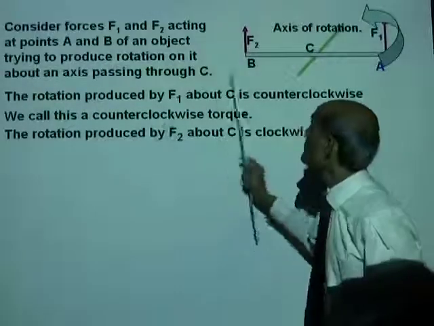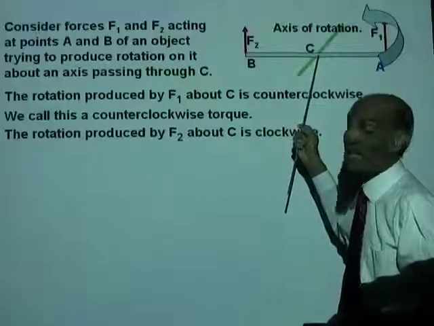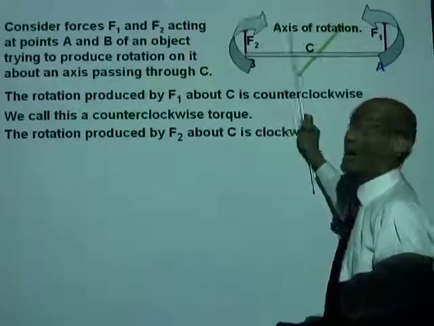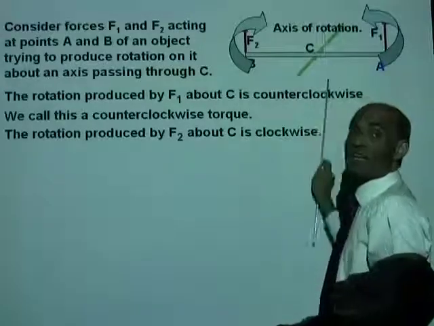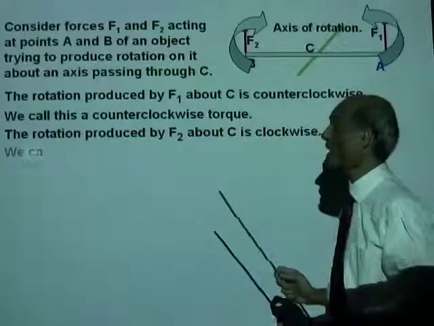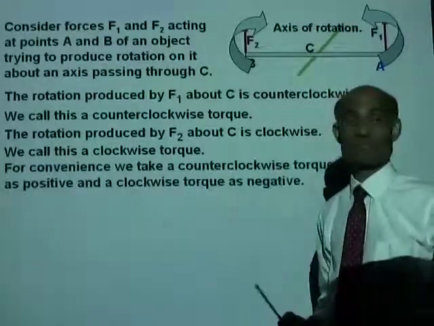The rotation produced by F2, on the other hand, about an axis that passes through C will be clockwise, in the direction of motion of the hands of a clock. And we call this a clockwise torque.